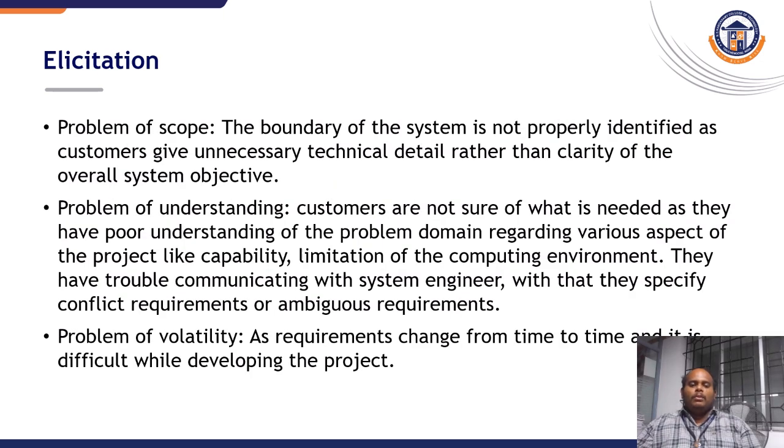Next, elicitation. By problem scoping, the boundary of the system may not be properly identified, and the customer may give technical details rather than a clear overall system view. By using the scope of the project, we identify the problem, then only can we solve it. We identify the problems through the customer itself.